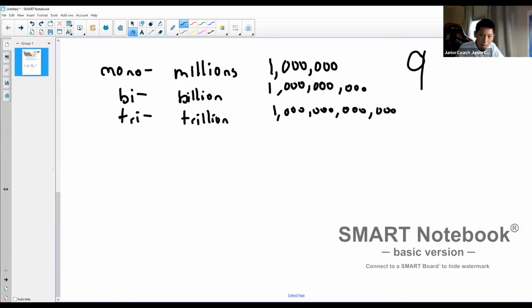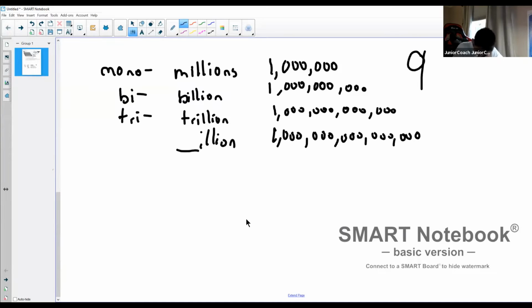Now, does anyone want to guess what the next number would be for 1,000,000,000,000,000? Does anyone want to guess what this would be called? So it's illion, but what illion? What do you think this would be? So this isn't actually in the curriculum, but I just want to teach it because I think it's pretty interesting.